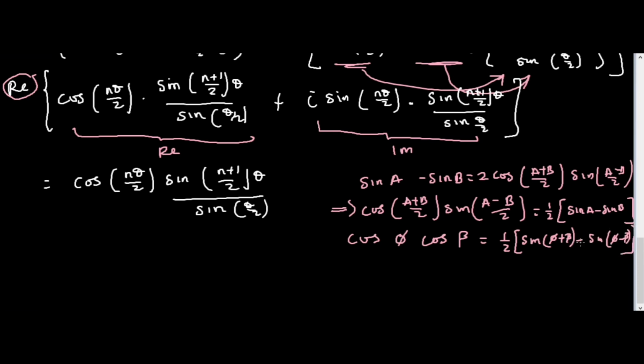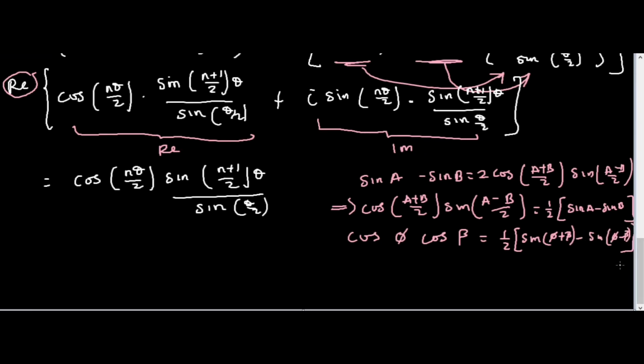This is just from your elementary work. Now that we know this fact, this is like my cos phi and this is like my sine beta. I'll just substitute it and get to where I'm going. So I'll have 1 over 2 into the bracket of sine of my alpha.